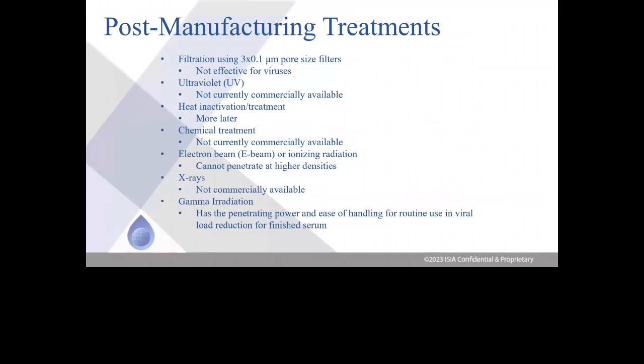X-ray technology also uses ionizing energy, but from a Rhodotron electron beam. It is able to penetrate at greater densities, but it also is not commercially available. Gamma irradiation uses photons from a radioisotope and can be used at higher densities. Rosie will cover this in detail later on in the presentation.